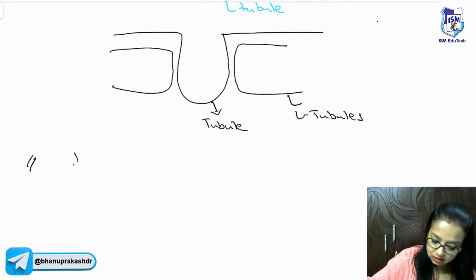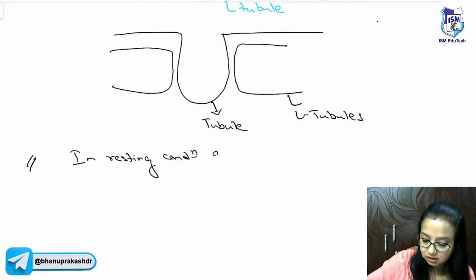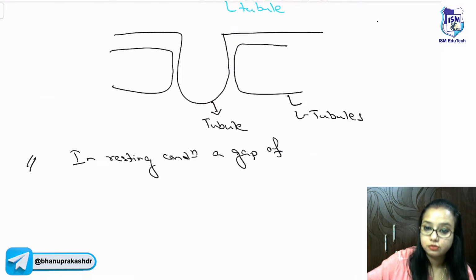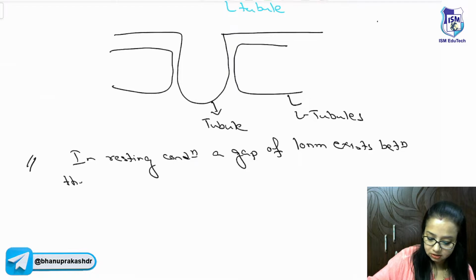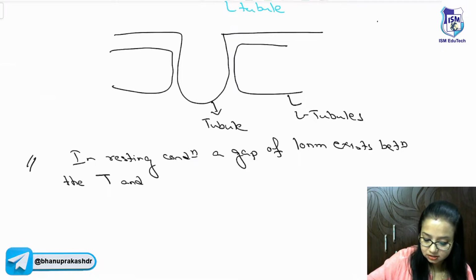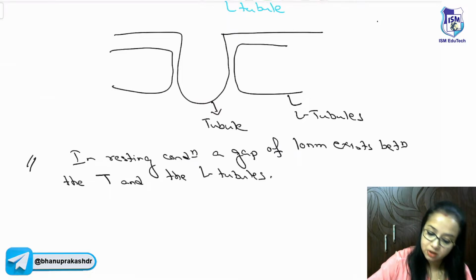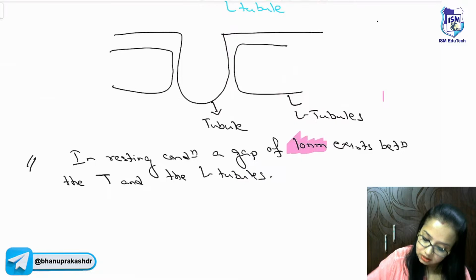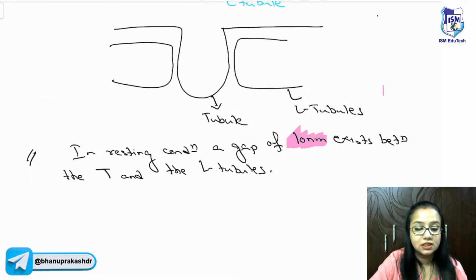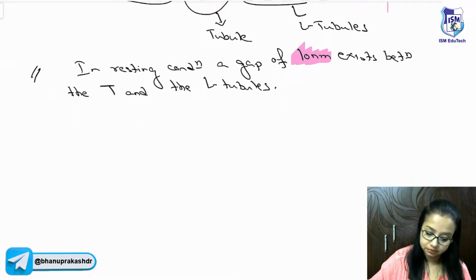Now, in resting condition, a gap of 10 nanometers exists between the T and the L tubules. That means during resting condition, there is no physical contact between the T tubule and the L tubule.